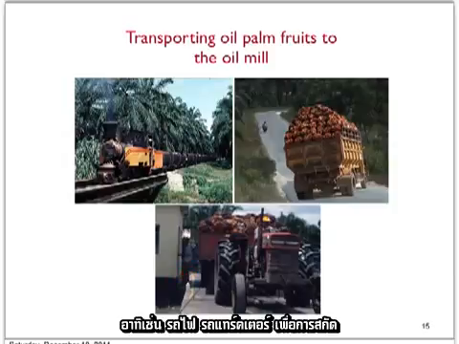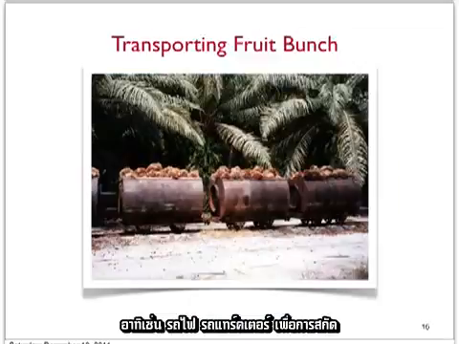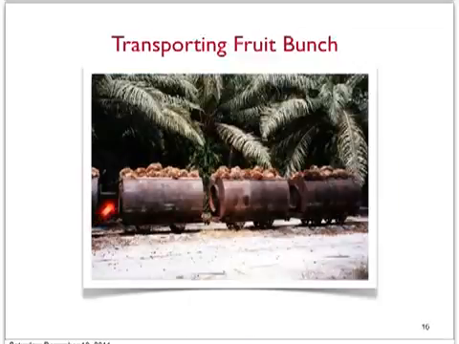As you can see here, the tractor brings a full load of oil palm fruits into the factory to be processed. So if you live near the plantation, you can sometimes see the fruits being transported by a train, as in this case, and this train will go to the factory.